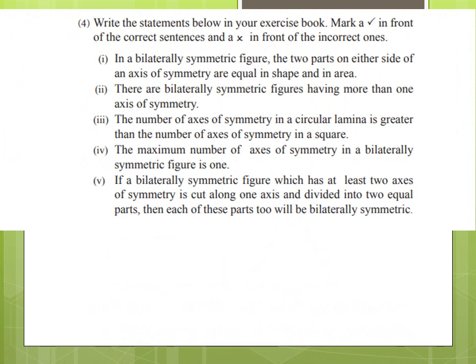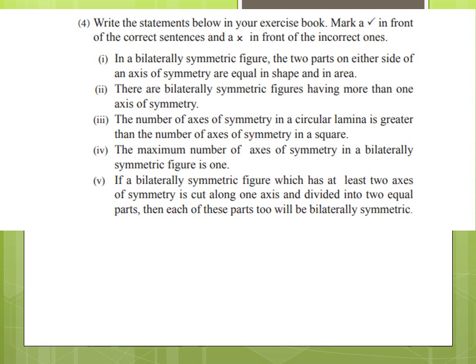So the last one: write the statements above in your exercise book. Mark a tick in front of the correct sentences and a cross in front of the incorrect ones. The first one: in a bilateral symmetric figure, the two parts on either side of an axis of symmetry are equal in shape and in area.